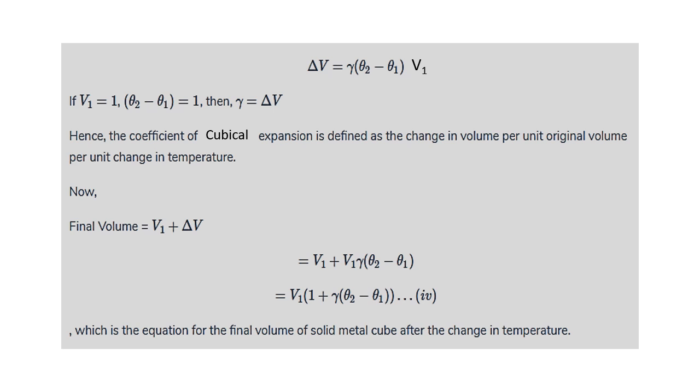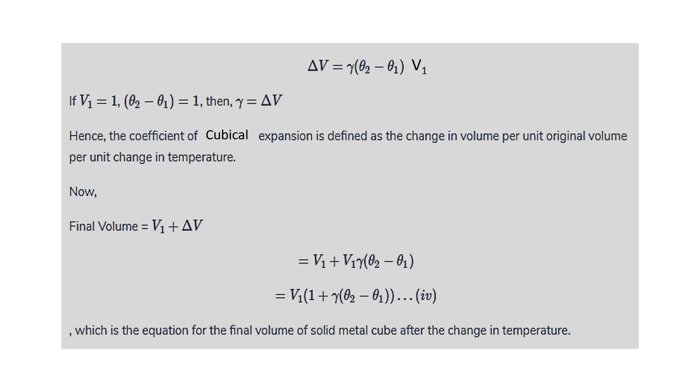And if V1 is 1 and θ2 minus θ1 is 1, then gamma will be equal to delta V, meaning the coefficient of cubical expansion is the change in volume per unit original volume per unit change in temperature.